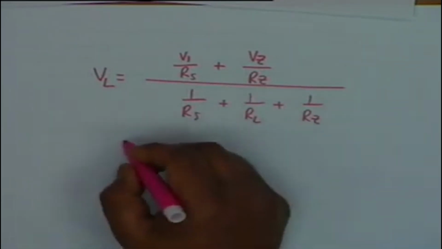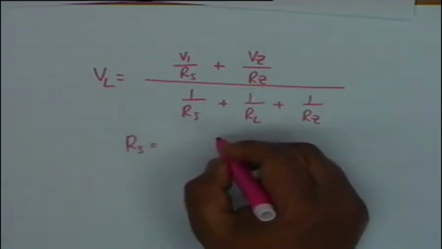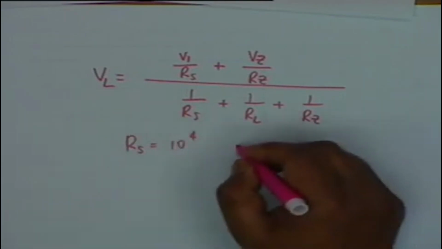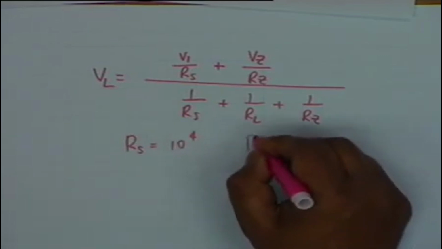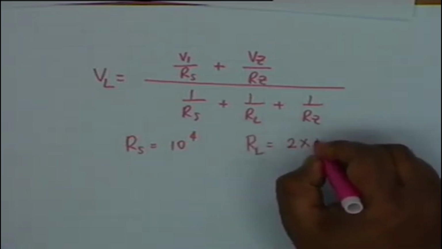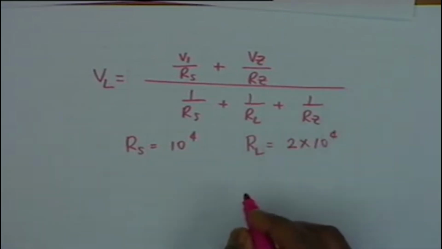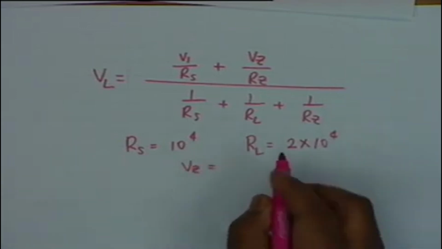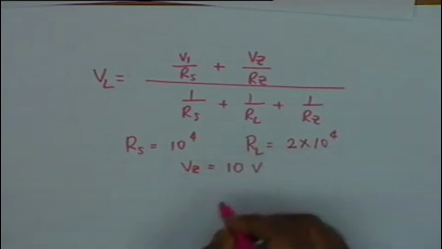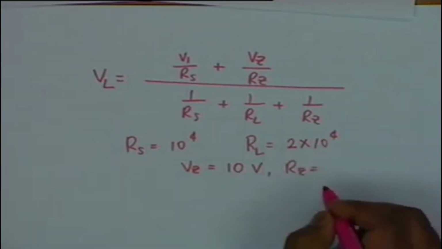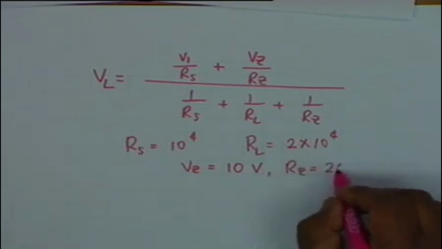Let us say RS is 10k, 10 to the 4. Let us say RL is 20k, that is 2 times 10 to the 4. And let us say VZ, the load voltage I want to maintain constant at, is 10 volts. And typical RZ, the dynamic resistance of the Zener diode, is 200 ohms.